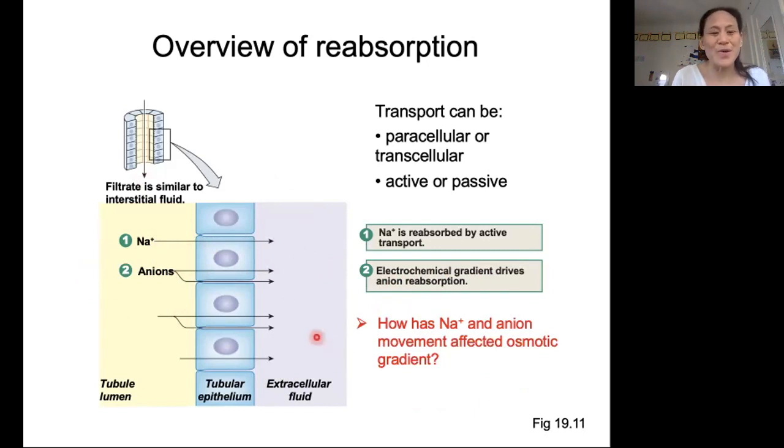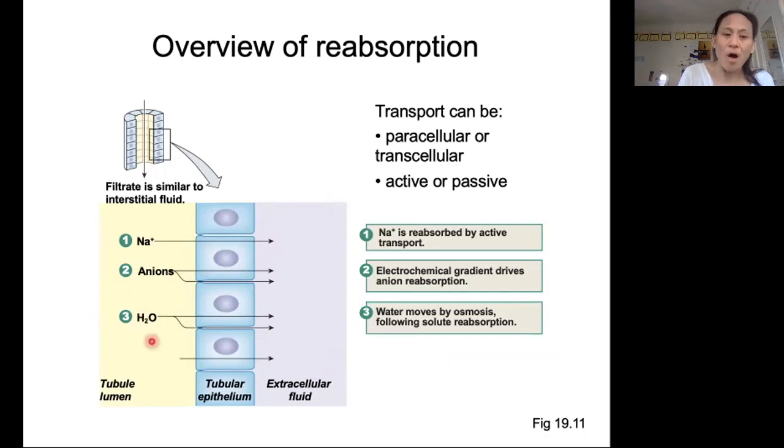Okay, so hopefully you have figured out that we have increased this movement of sodium and anions to the extracellular fluid, which has increased the osmolarity of the extracellular fluid. Therefore, we end up drawing water out from the tubule lumen to the extracellular fluid, okay?